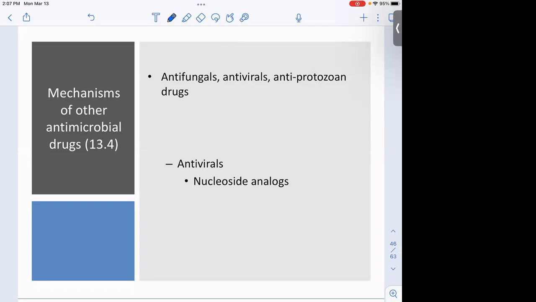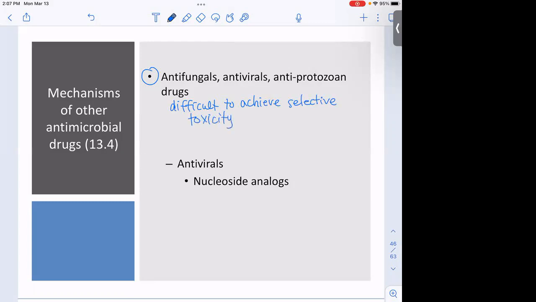The main problem with treating these kinds of infections that are not bacterial is that these are eukaryotic cells. Okay, so we have issues with selective toxicity. It's difficult to achieve selective toxicity. Remember what I mean by that?